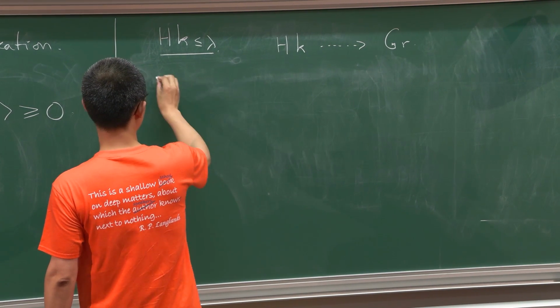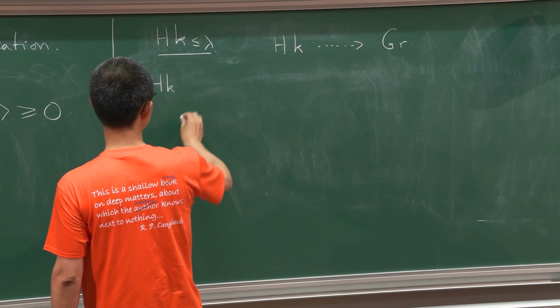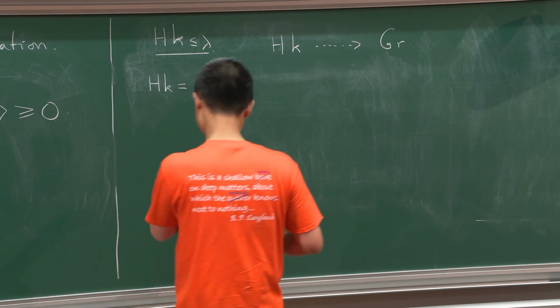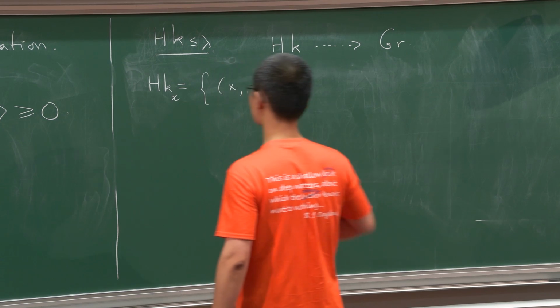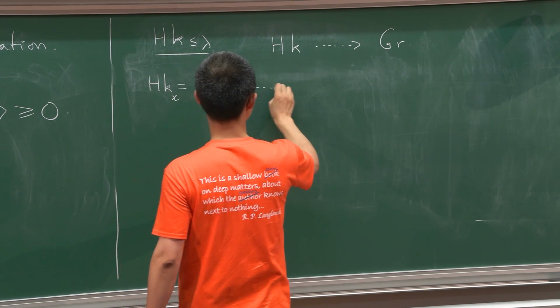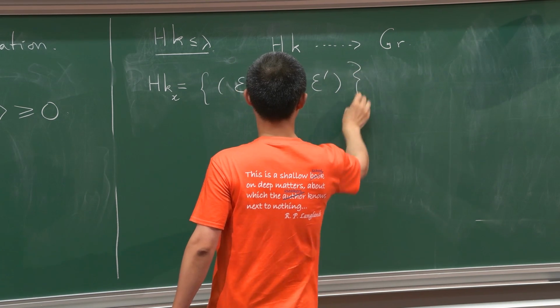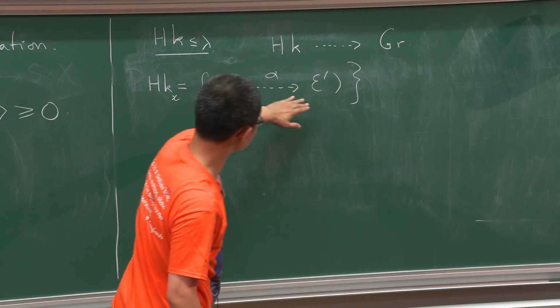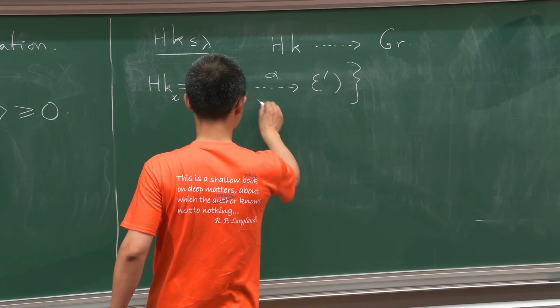So according to the moduli meaning, Hecke classifies X. Let's fix a point first. Then this point is not in the data anymore, so it's just a meromorphic isomorphism of two bundles away from X.